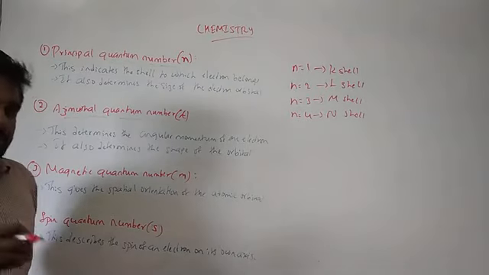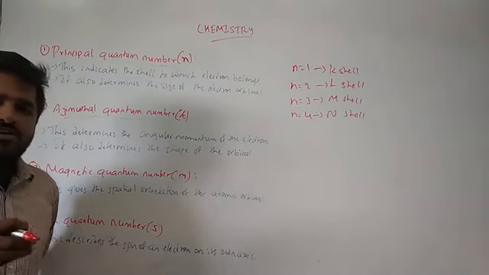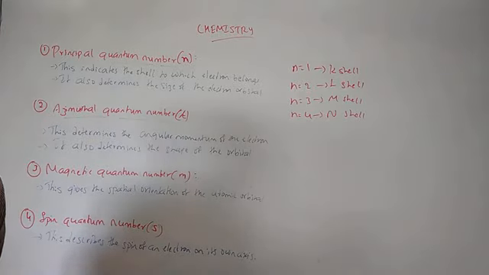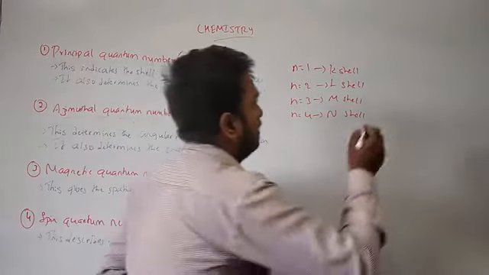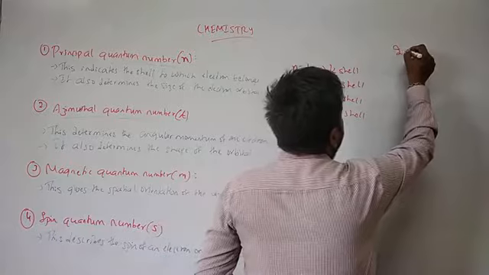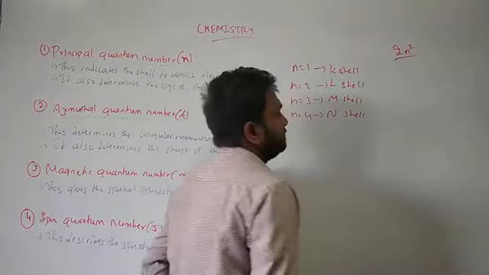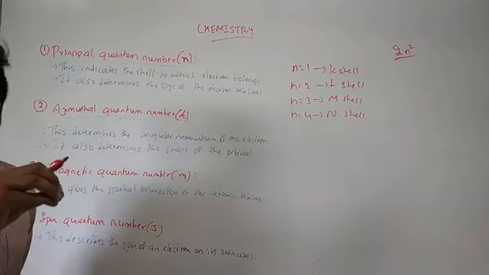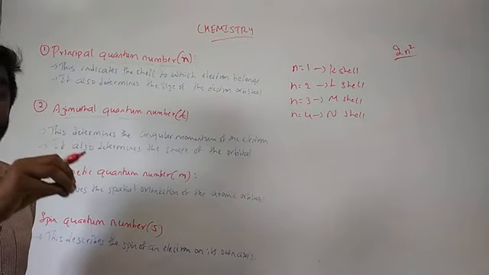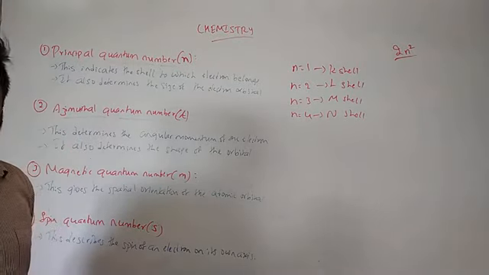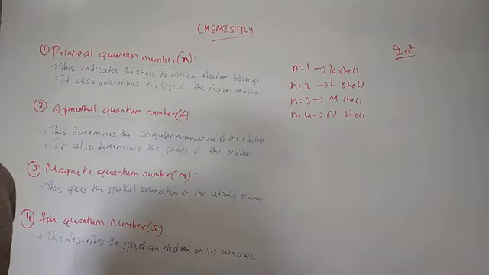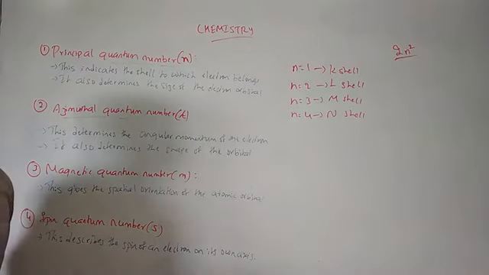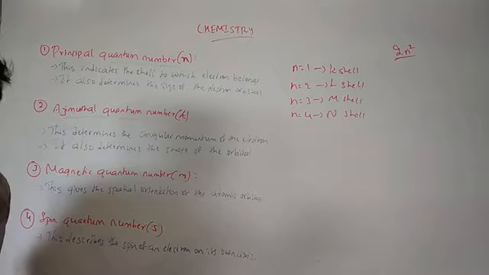Coming to the accommodation of electrons in a particular shell, we have a formula: 2n squared. That gives the number of electrons that can be accommodated in the first, second, third and fourth shells. The n value is the principal quantum number, that is the shell number.